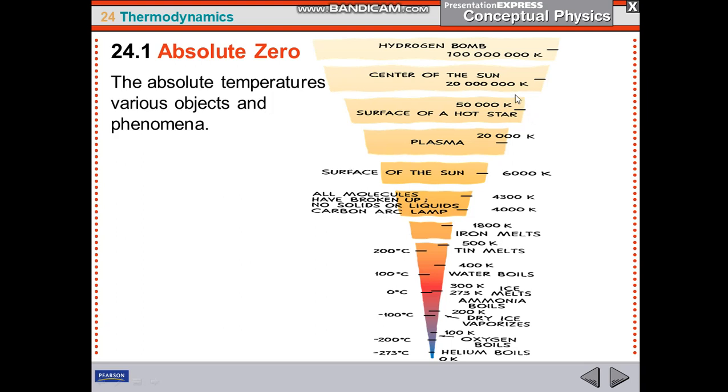And then you can see the center of the sun and also a hydrogen bomb. For the hydrogen bomb, you can see 100 million Kelvin. So that is the highest temperature, but this is also not a definite one. Higher temperature has no limit, but lower temperature, as we see here, is minus 273 degrees Celsius, or exactly minus 273.15, that is 0 Kelvin.